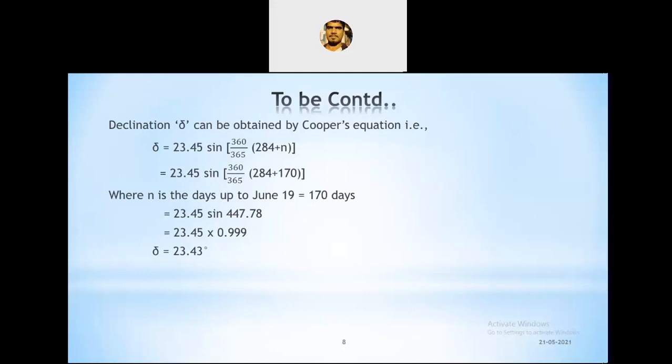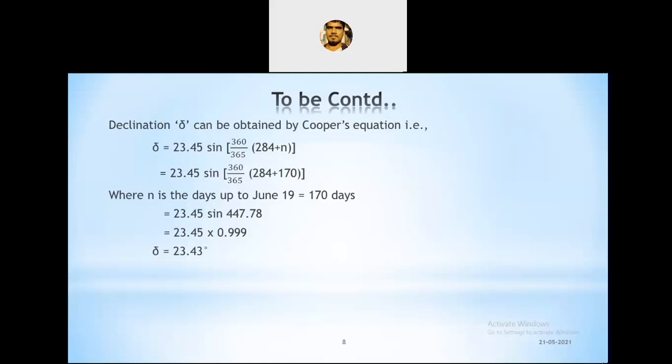So on June 19th the declination angle is positive 23.45 degree. I told you that on two particular days, in September and in March, it is 0, and otherwise it is negative and positive, slowly changing from positive to negative and negative to positive.